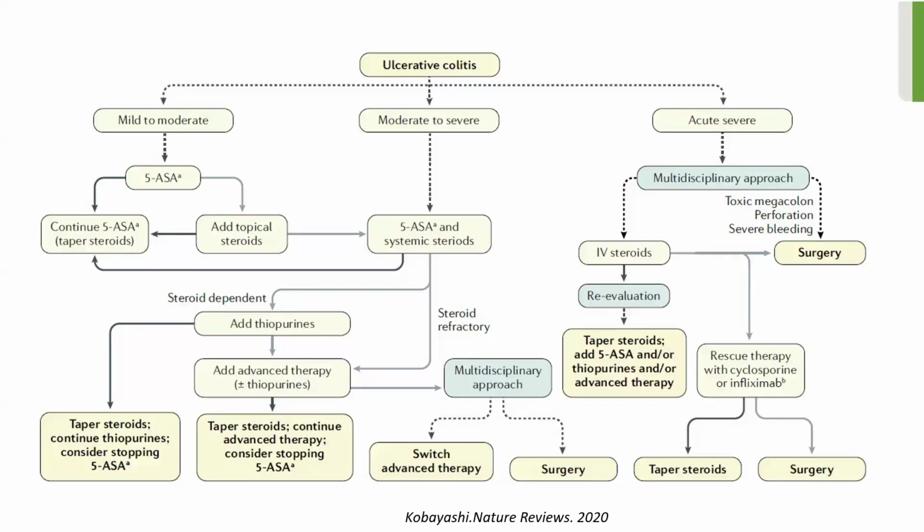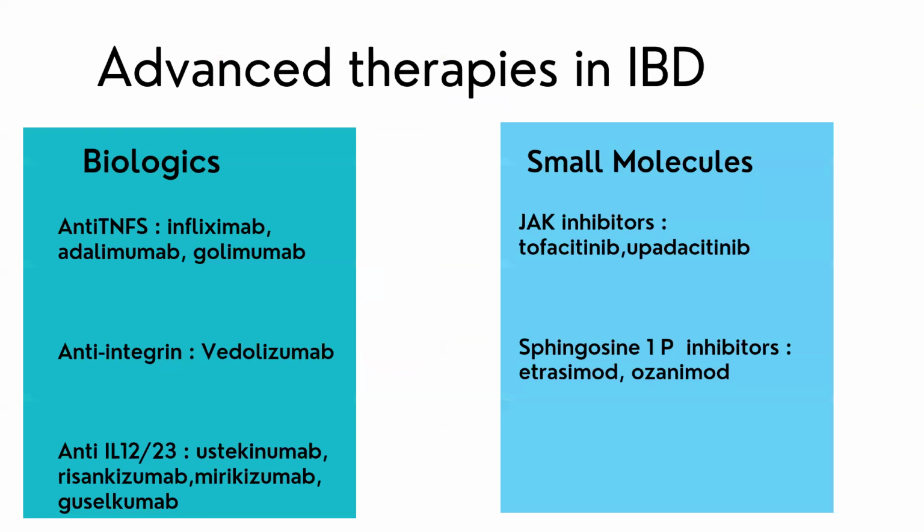So when you talk about advanced therapies, what exactly are they? We have 2 main classifications: the biologics and the small molecules. In terms of anti-TNFs, infliximab is one of the most commonly used group of drugs. It was the first biologic that was initiated for treatment of ulcerative colitis, and till now, in most places of the world, is still the most commonly used biologic.